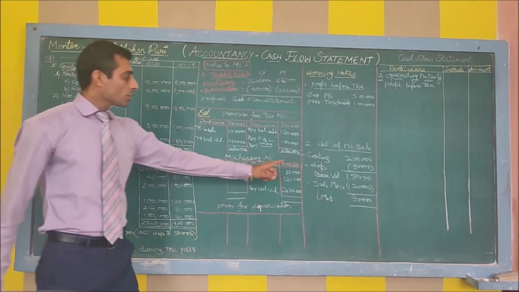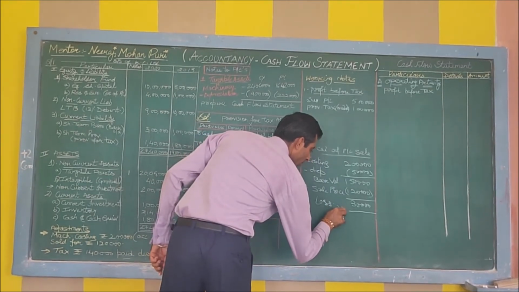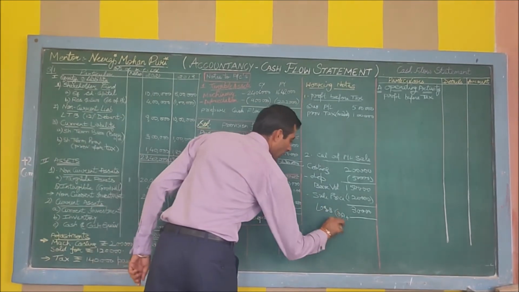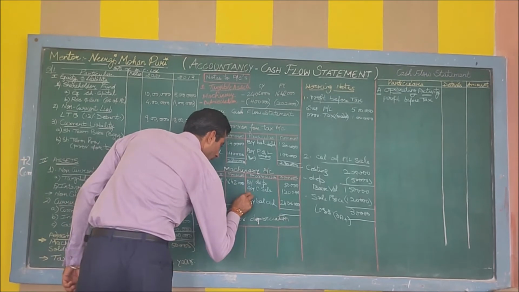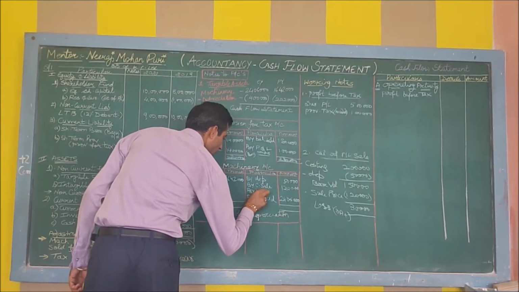Remember that loss is always transferred to operating activity under non-operating items. We will add it under non-operating items. This will be transferred here as loss on sale of assets.